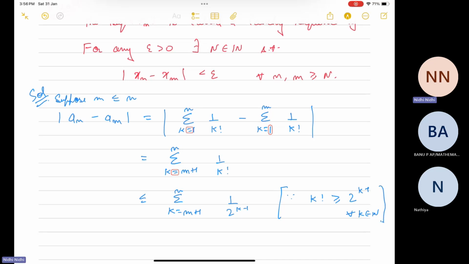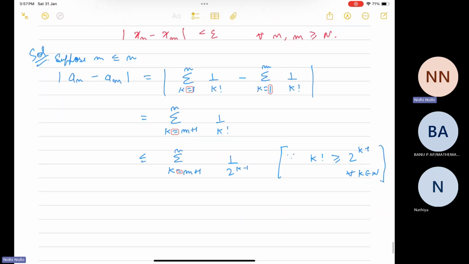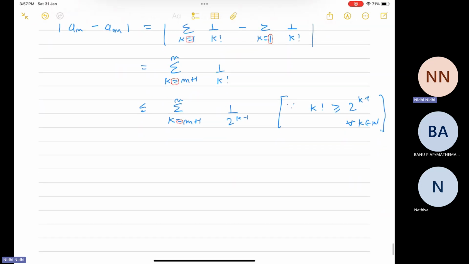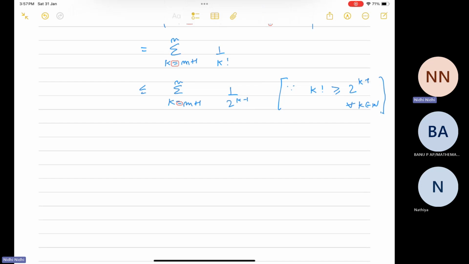So when we take the reciprocal, the inequalities get interchanged. So eventually 1 by k factorial is less than or equal to 1 by 2 to the power k minus 1 for every natural number. And this is nothing but a geometric progression. So this is 1 upon 2 to the power m, 1 upon 2 to the power m plus 1, and so on up till 1 upon 2 to the power n minus 1.